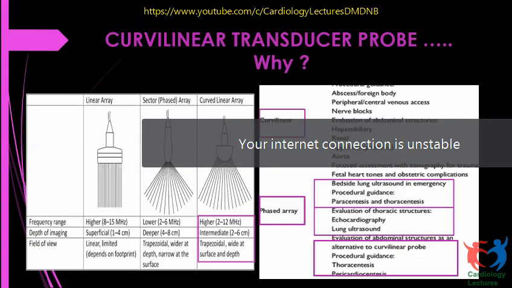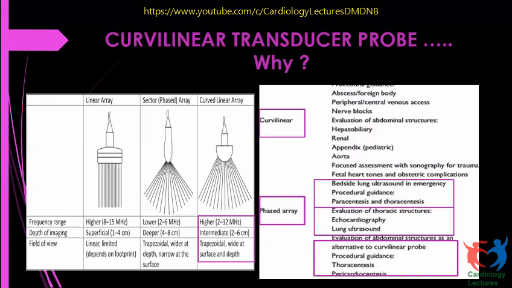The good thing about the phased array is you can do a thoracic echo, that means the FATE protocol also. At the same time, you can do a lung ultrasound also. So when you are doing a FALLS protocol, which combines the lung ultrasound as well as the focused transthoracic echo, in one probe only you can do both things, and you can formulate the plan and treat the patient accordingly.